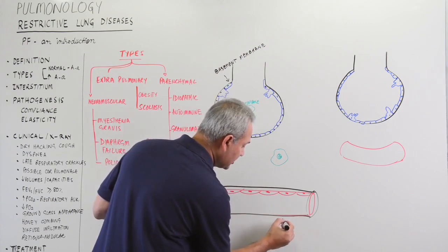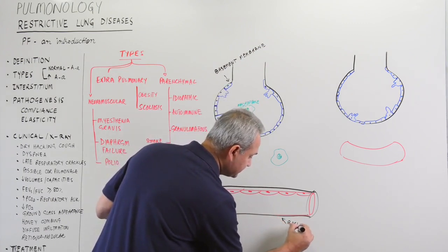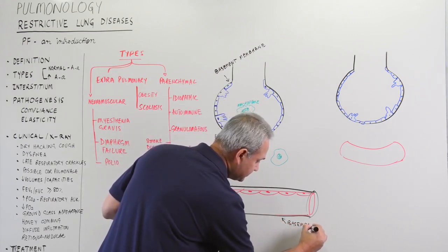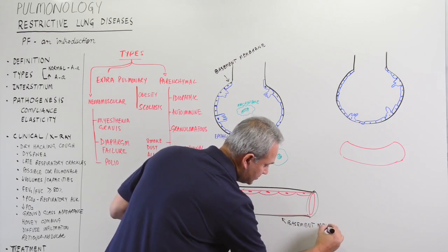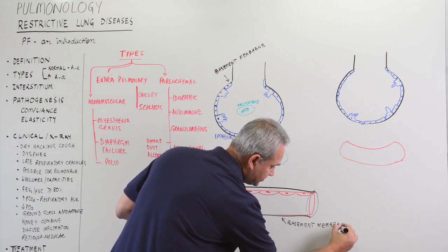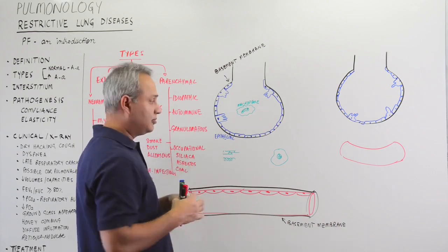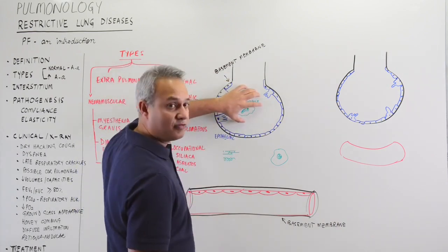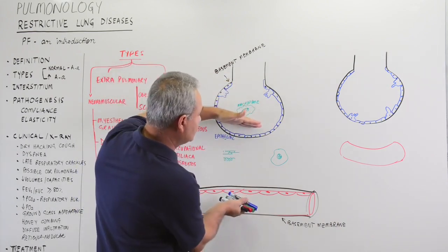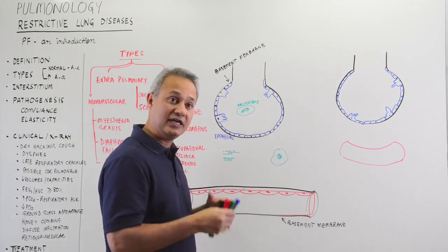This is the basement membrane here. Now, the interstitium in all of this, just remove the macrophage and all the rest is the interstitium. That is also the respiratory interface, right?